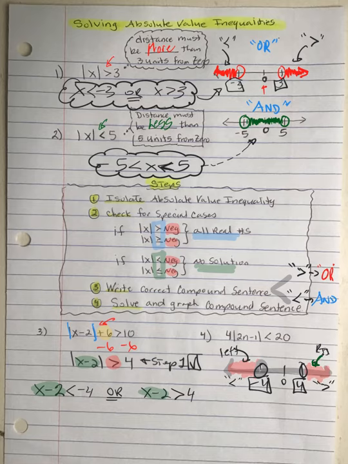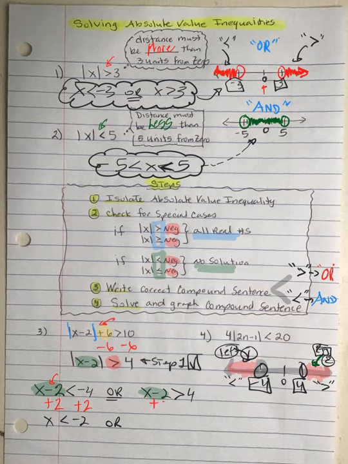So we had to write 2 sentences. One that was to the left, and the second inequality was the one that was to the right. So we had to come up with a compound sentence. And then step 4 is to solve that compound sentence. So we're going to undo subtracting 2 by adding 2. Don't forget or in your final answer.